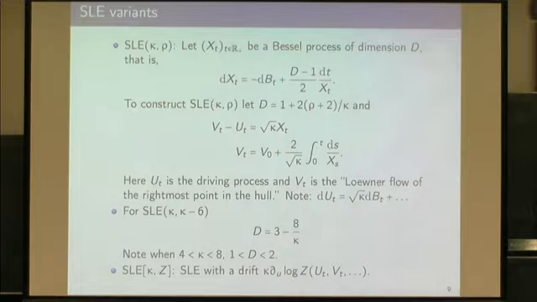It's that kind of formula, and in this range when kappa is between 4 and 8, the dimension is between 1 and 2, and for instance it means that this integral is well defined.